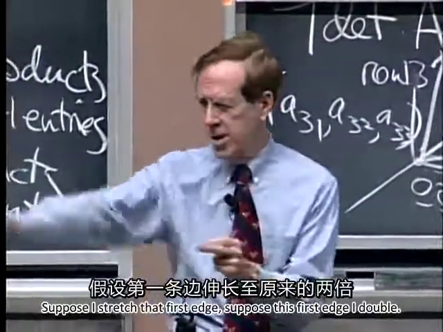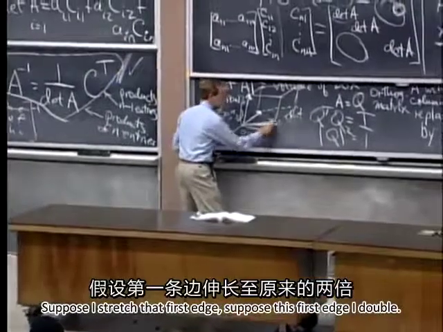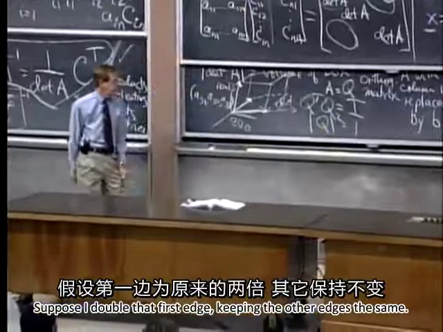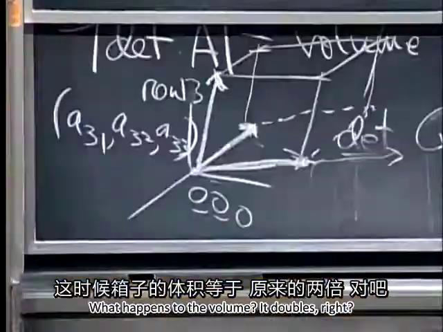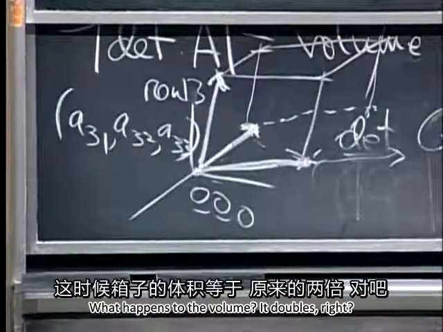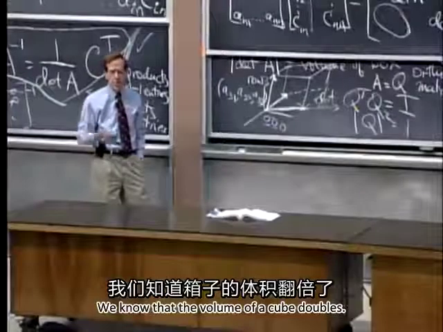Suppose I stretch that first edge. Suppose I double that first edge, keeping the other edges the same. What happens to the volume? It doubles, right? We know that the volume of a cube doubles.